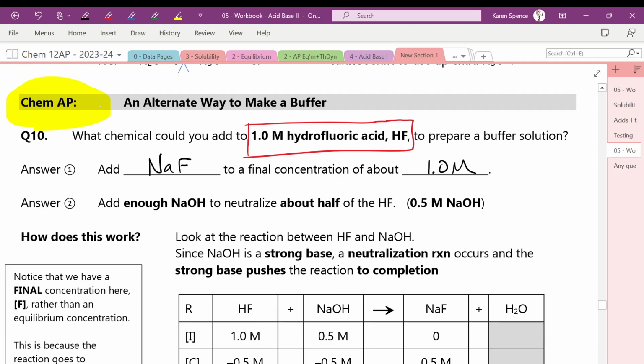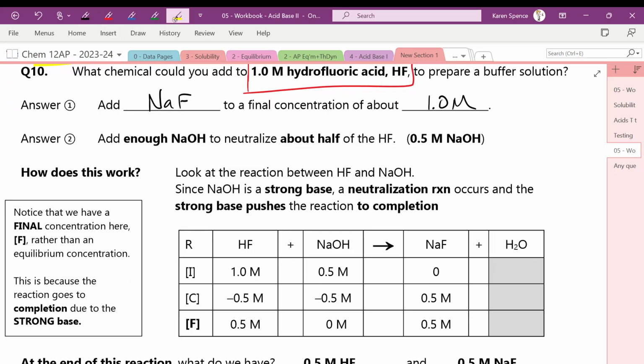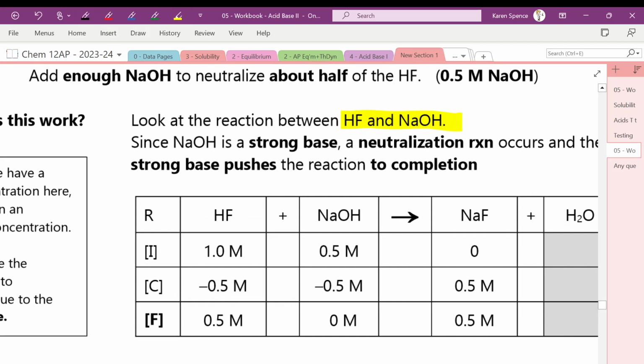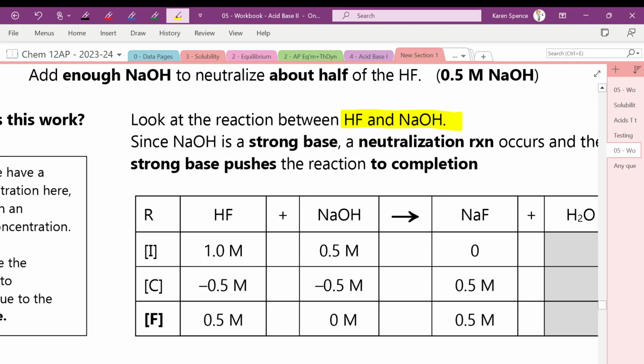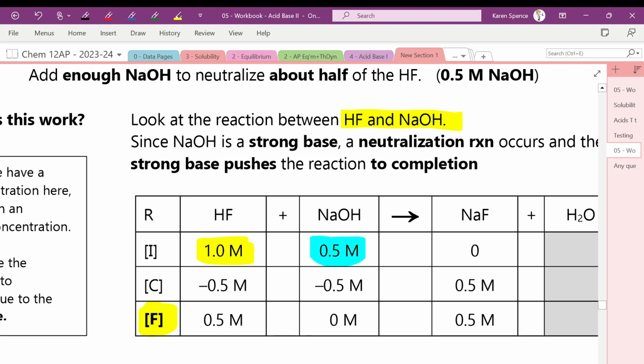Let's look at the reaction between HF and NaOH. Isn't that fortunate, we have an ICE table. So if we start off with 1 molar HF, and we add sodium hydroxide until it is at half of that concentration, this will neutralize half of the acid.